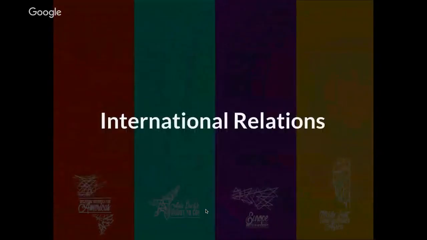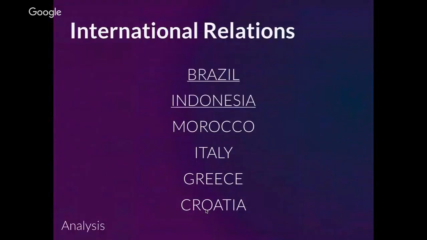So for international relations, here's a list of our country partners currently. The country partner selection was mostly based on applicants, because we don't have a really good IR base in Isaac in France.